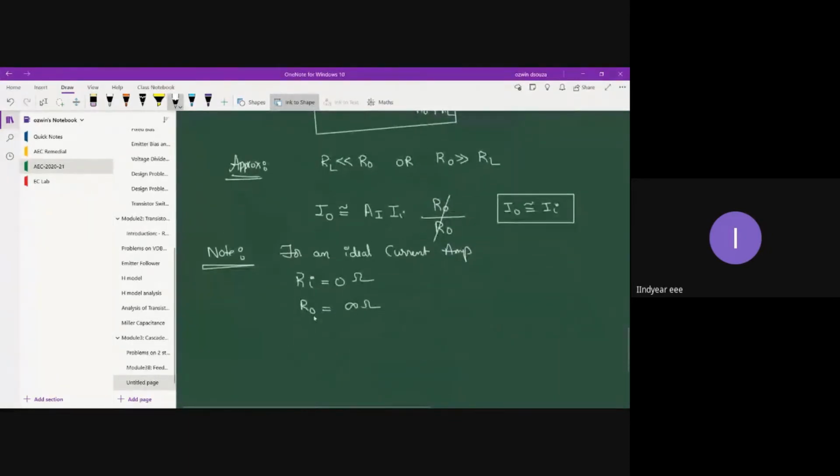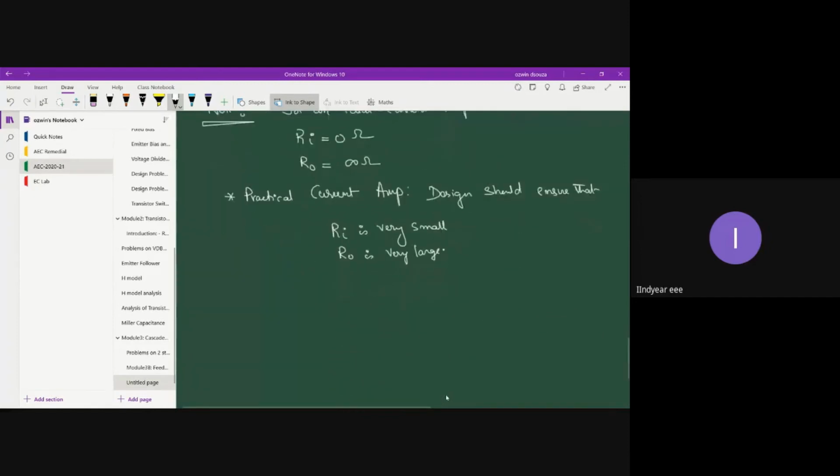On the other hand, for a practical current amplifier, the design should ensure that Ri is very small and R0 is very large. All right, so that's about your current amplifier.